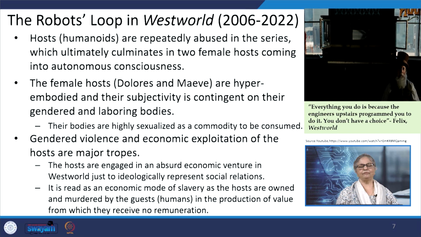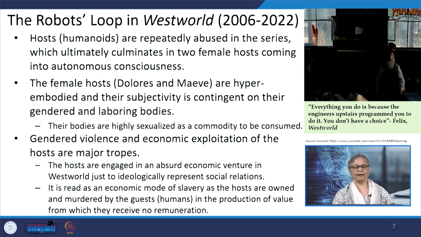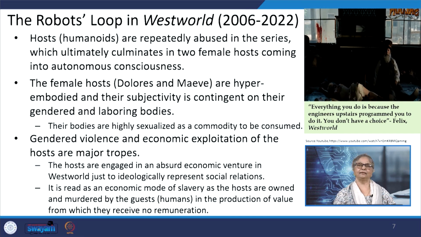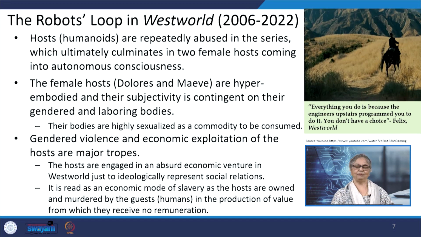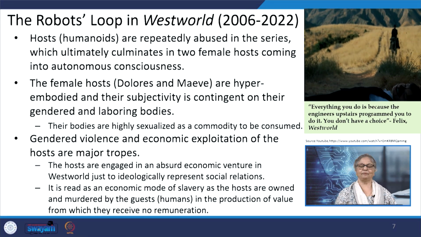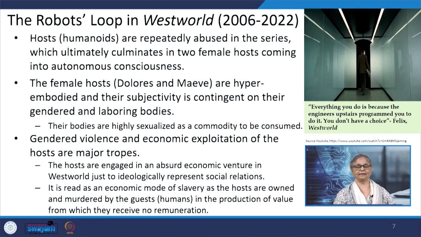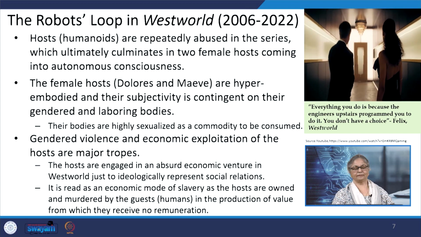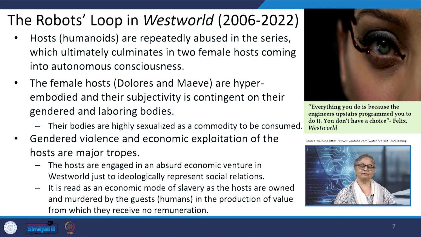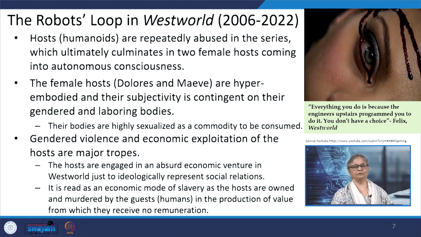The humanoid hosts are repeatedly abused, which ultimately culminates in two female hosts coming into autonomous consciousness. The female hosts, Dolores and Maeve, are hyper embodied and their subjectivity is contingent on their gendered and laboring bodies. Their bodies are also highly sexualized as a commodity to be consumed.